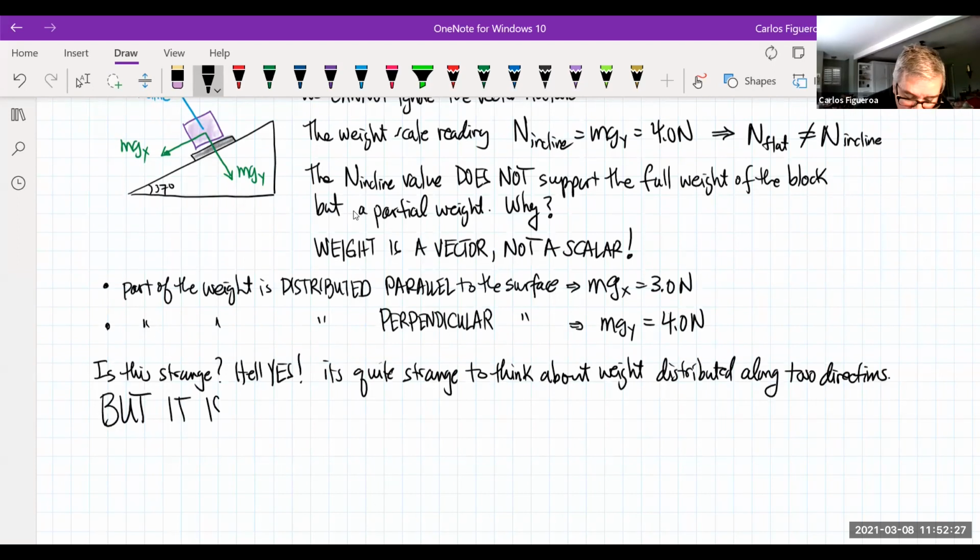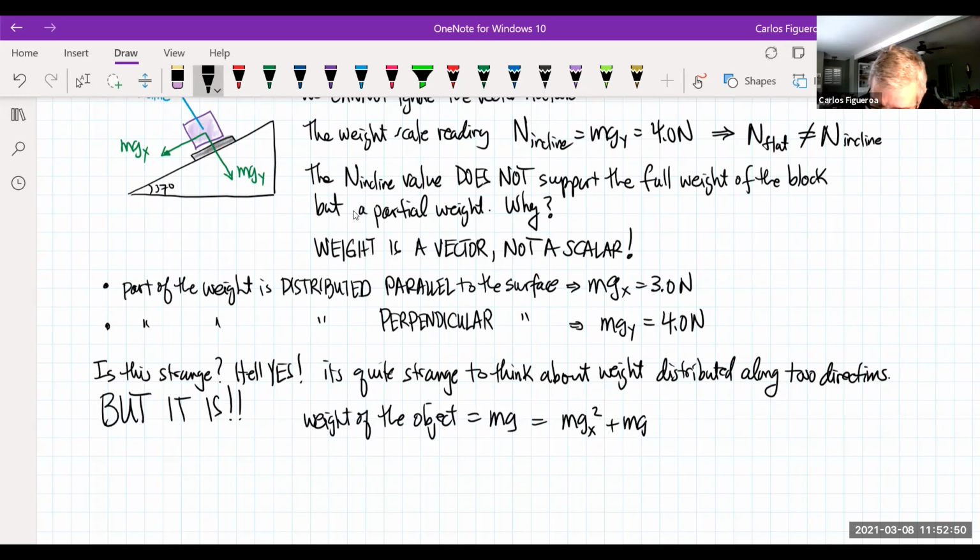But it is. And how do we actually get the weight of the object? The weight of the object is equal to mg. And because mg is a vector, it should be the square root of mgx squared plus mgy squared. And when you do this, you get back the 5 newtons.